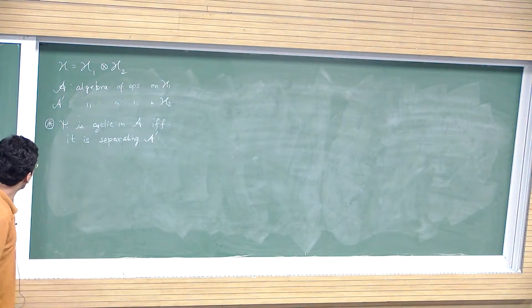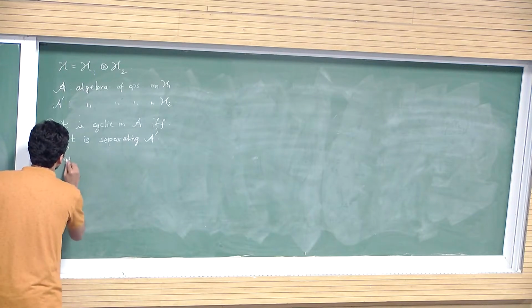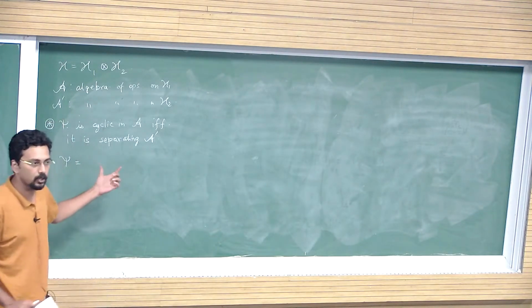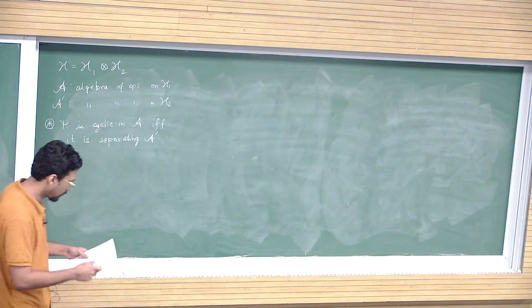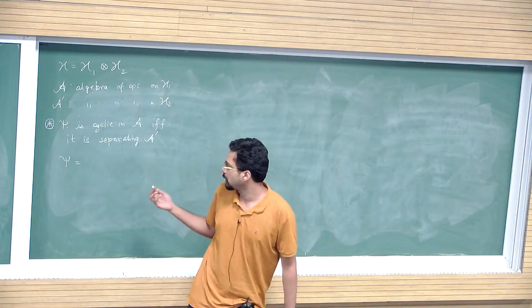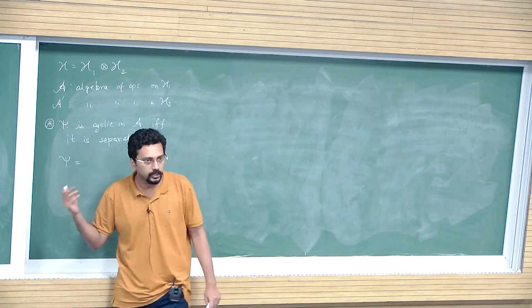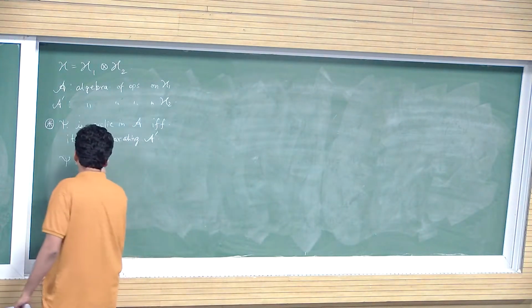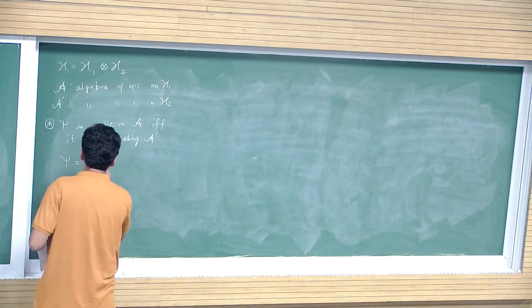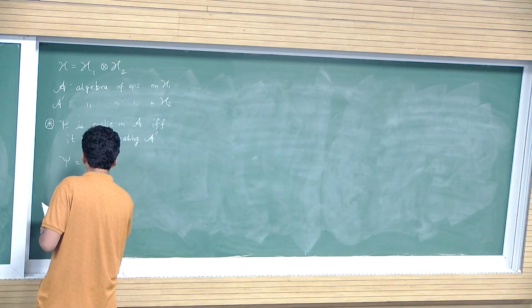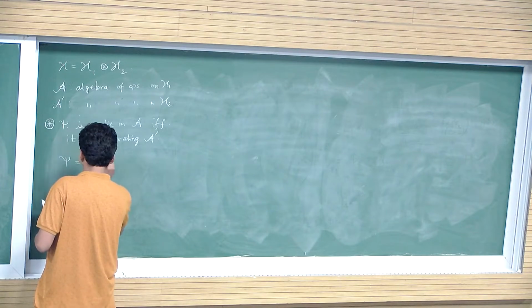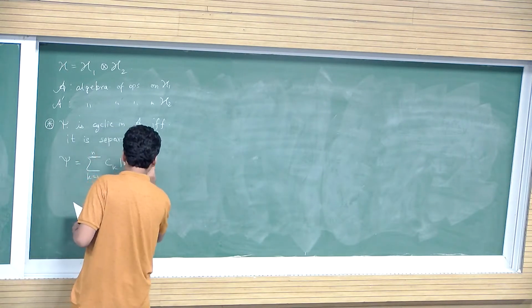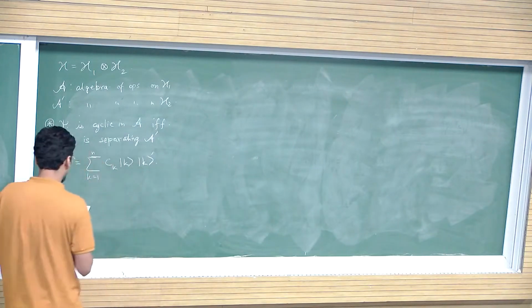Now, to write down the most generic state, one can start with the most generic decomposition. This has a basis, say some k, and another being some k prime. You can use the singular value decomposition theorem, a pretty standard theorem in linear algebra, and write this in what is known as split decomposed form, where you simply have this.